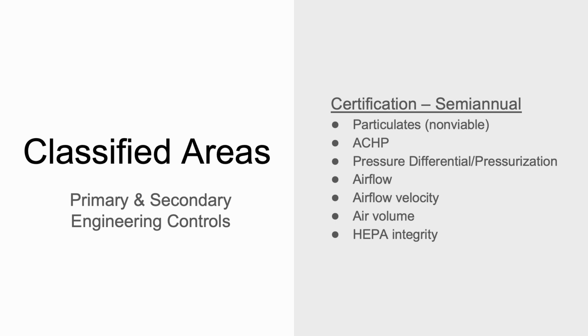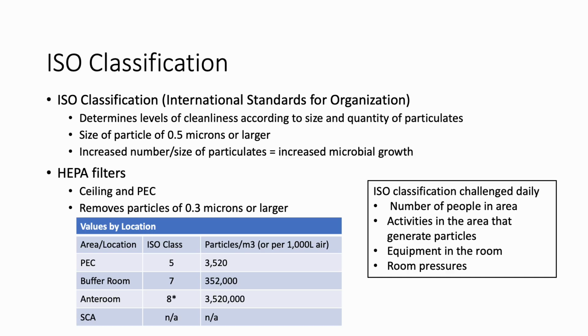But what we do want to concentrate on is what is called ISO classification. ISO classification is the determination of the cleanliness of the room in respects to the amount and the size of particles suspended in the air. It really has nothing to do with the microbial growth in the air at this point, but it has all to do with the number and the size of particles suspended in the air.